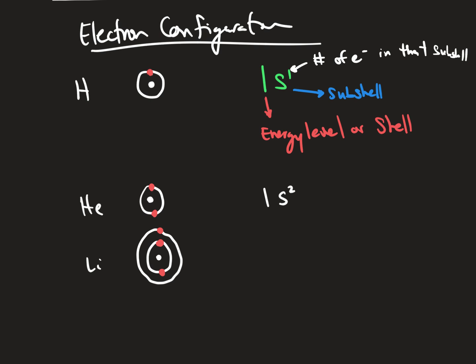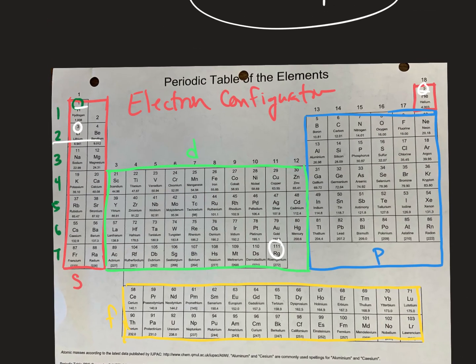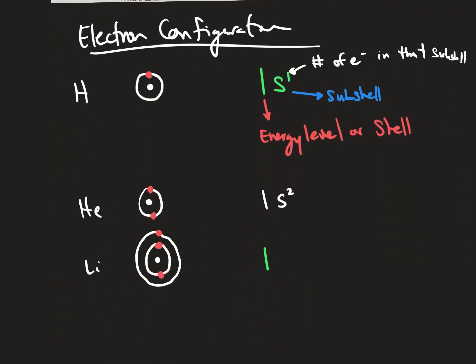So that's going to be on energy level 1. What subshell does energy level 1 have? Just S, right? So electrons 1 and 2 are still on the 1s level. Are we good?